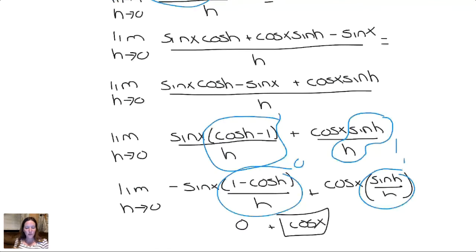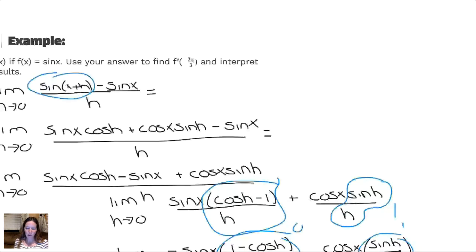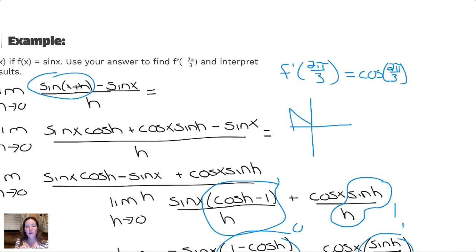We can then use it to find f prime of 2 pi over 3, right? So f prime of 2 pi over 3 would be cosine of 2 pi over 3. All right. 2 pi over 3 is a triangle in the second quadrant, right?